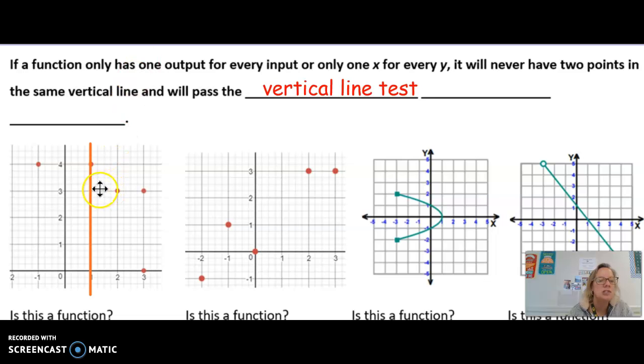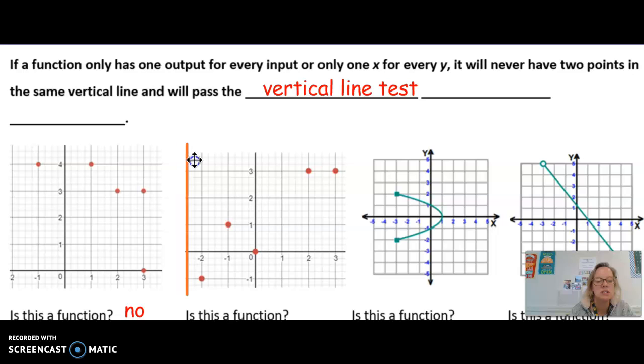And if I take this straight line and I move it across here, and it's a function, then I will never cross 2 points that are in the same vertical line. Well, right here, I just crossed these 2 points. They're in the same vertical line. So I can say that this is not a function. It did not pass the vertical line test.